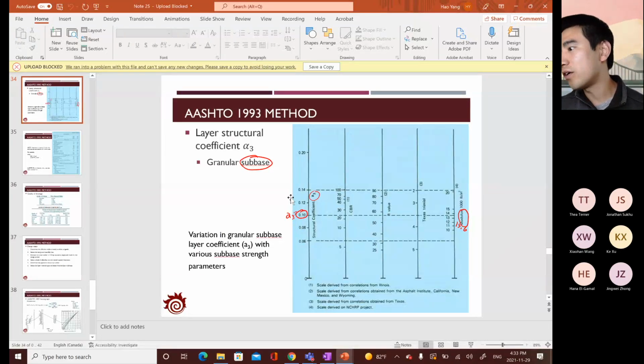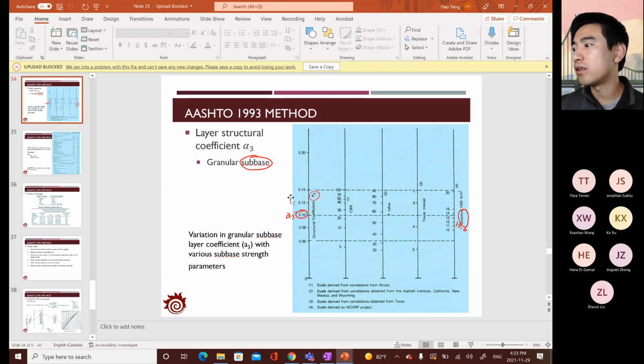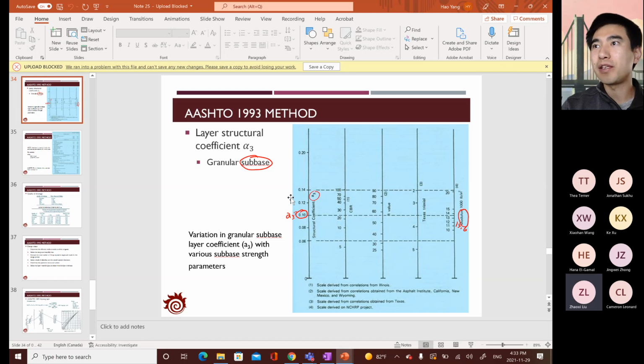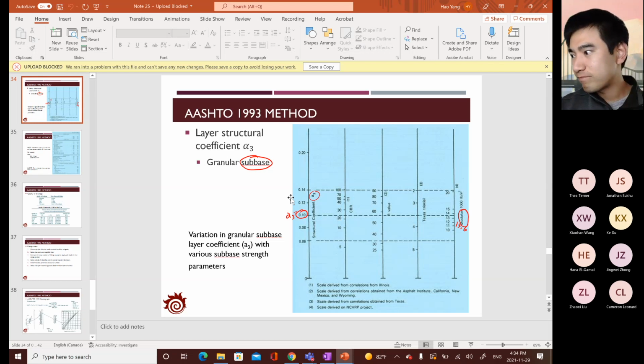Okay, if you don't have anything, I will start the lecture today. In the lecture today, I will finish all the topics about the flexible pavement design. Also, depending on whether you have time, I will leave several minutes for you to ask questions.